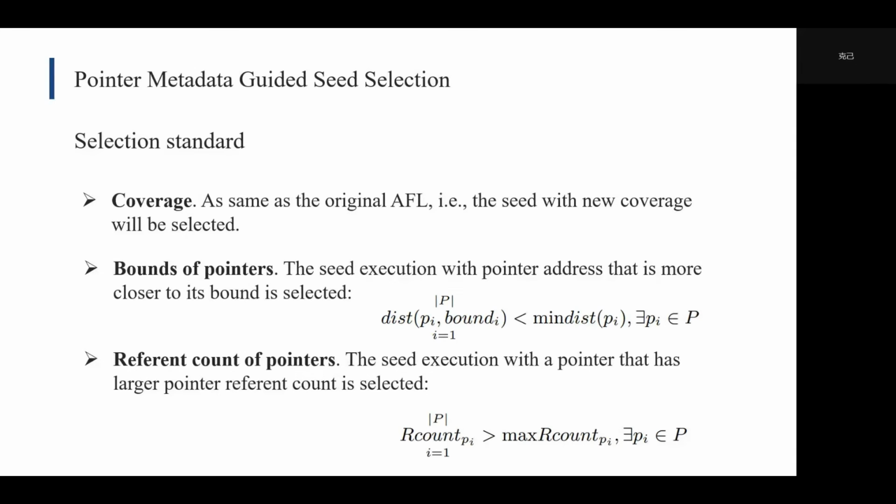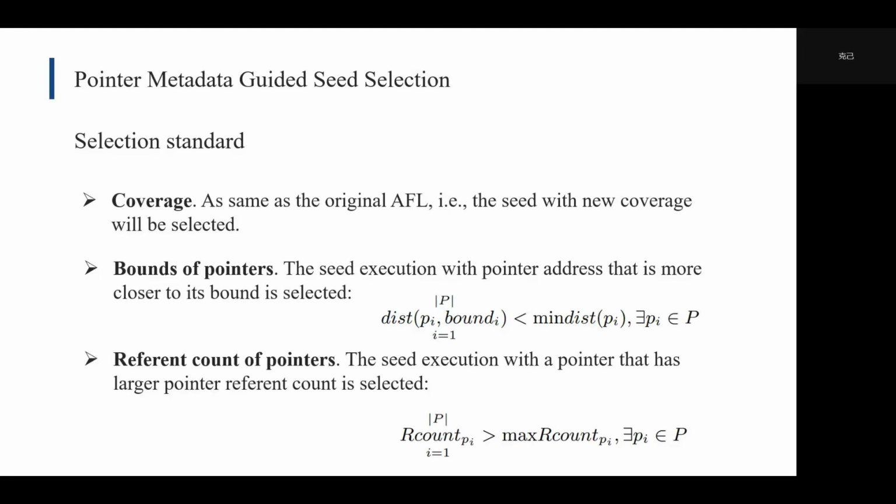The last standard is the reference count of pointers. Intuitively, a pointer with more references is more likely to produce bugs. This is because all the references to the parameters point to the same memory address. Operations on one reference could lead to unexpected behaviors when other references are used unknowingly.